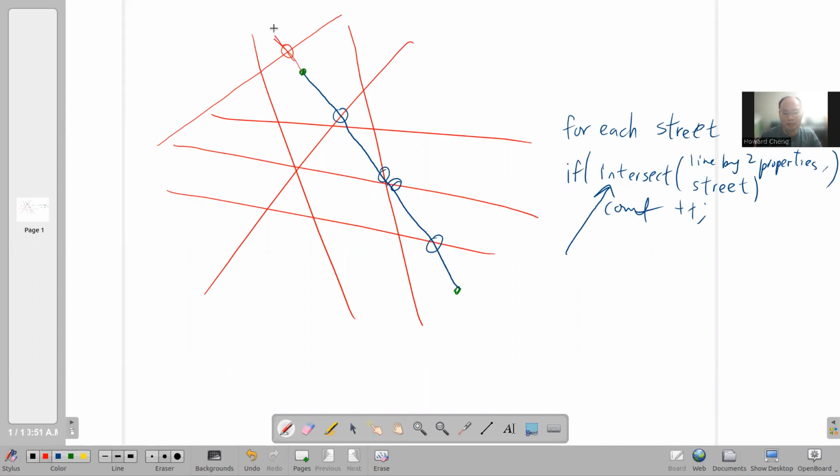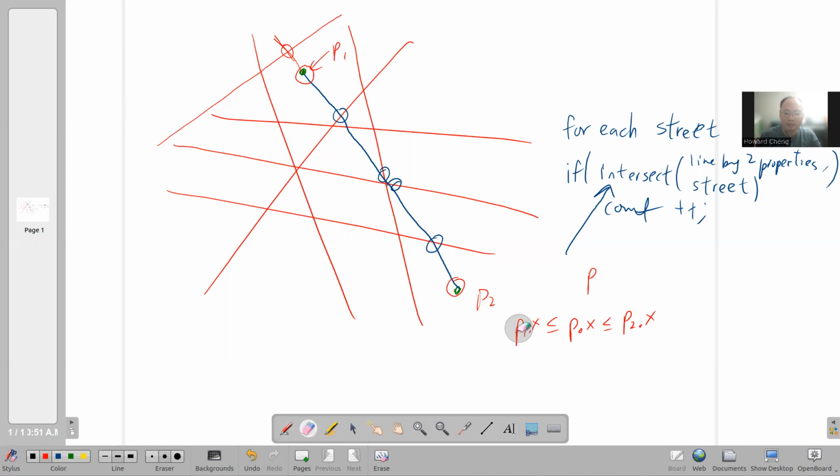So how do you avoid that? Well, if you have the point of intersection, then you can make sure that the point of intersection is actually within this line segment. How? If you have the point of intersection called P, and these 2 points, call them P1 and P2, then you need to check that P.x is between P1.x and P2.x.